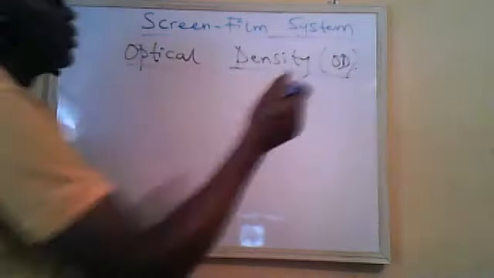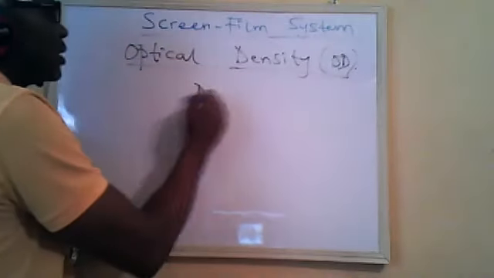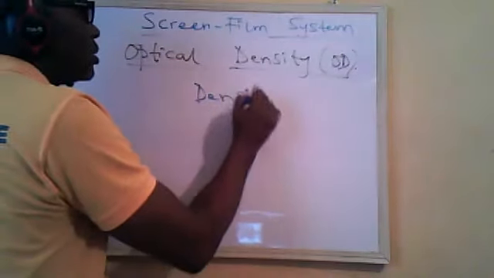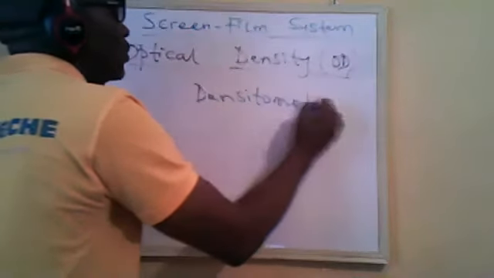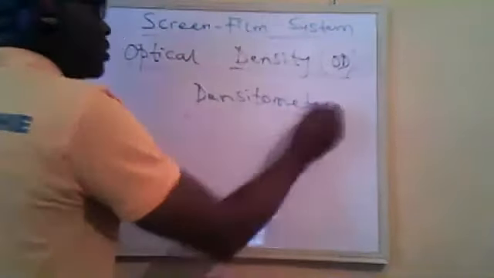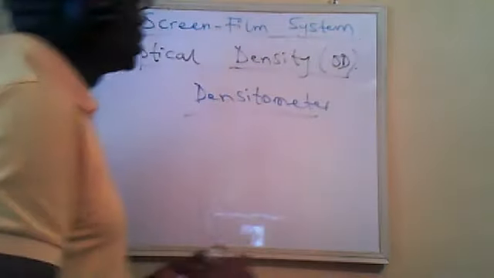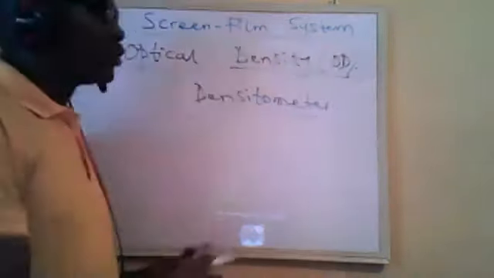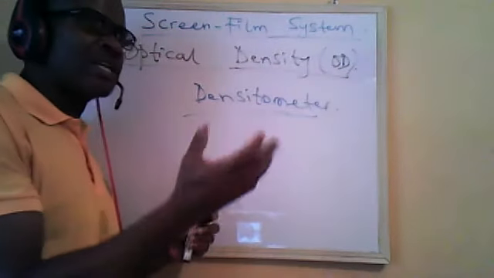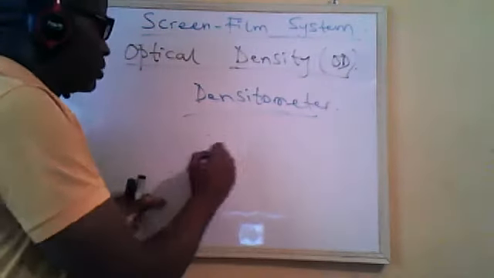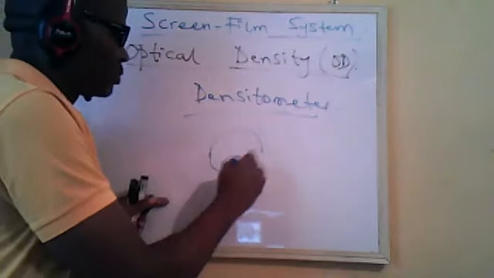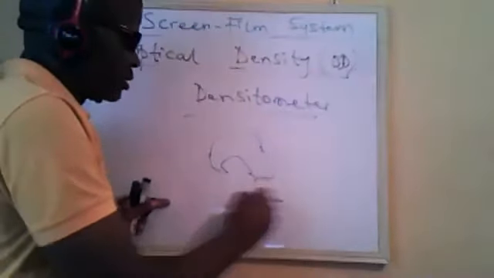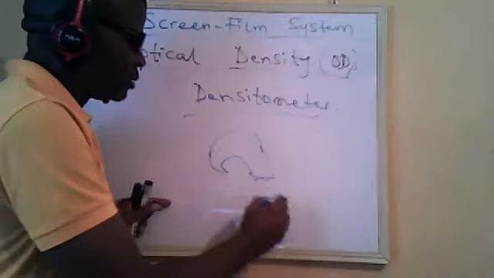We can measure OD with the densitometer. A densitometer is an equipment we use to measure the optical density of the film. It's like a lamp with some slits.